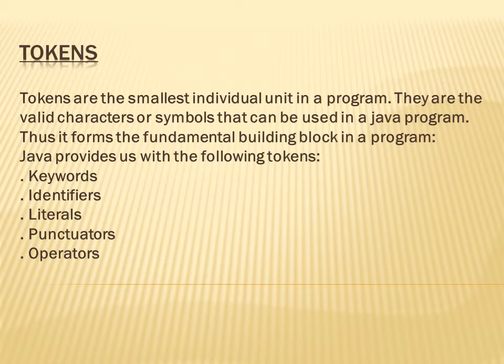Then identifiers. Identifiers means variables. Literals. Literals means constants. Then punctuators, operators. So each and every small individual unit that is present in a program is known as a token.